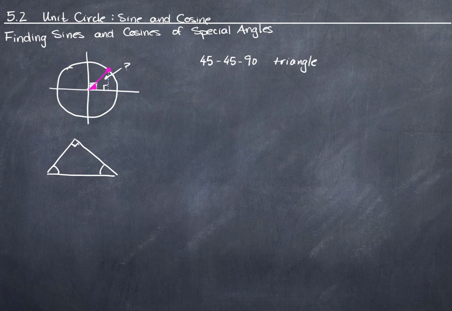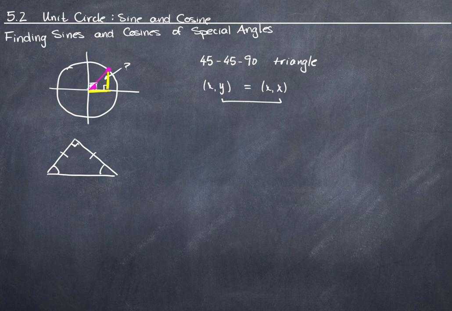But the point is that if these two angles are the same size, then we remember from geometry, I hope, that these two sides are the same length. And so for our triangle up here, this side and this side are the same length. That means that x comma y can be written in this particular case as x comma x because x and y have the same value.